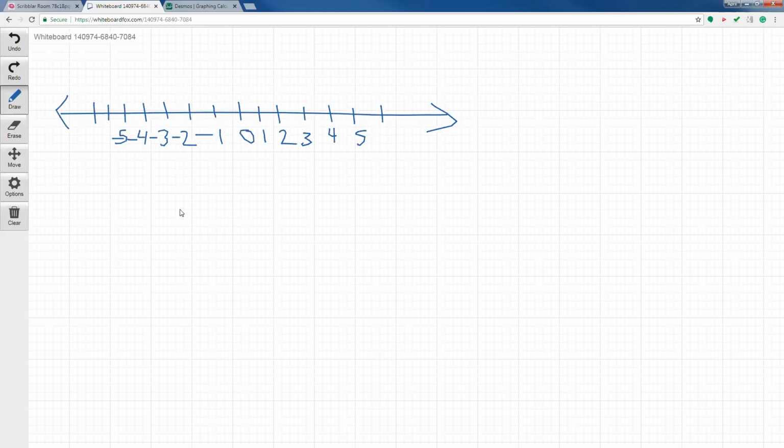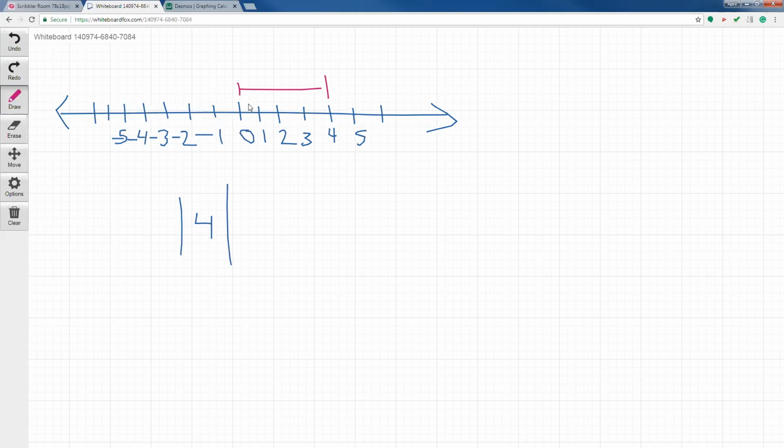So if I'm going to take the absolute value of 4, these bars tell us we want to look at the distance this number 4 is from 0. So from 0 to 4, how many spaces is that? Three.